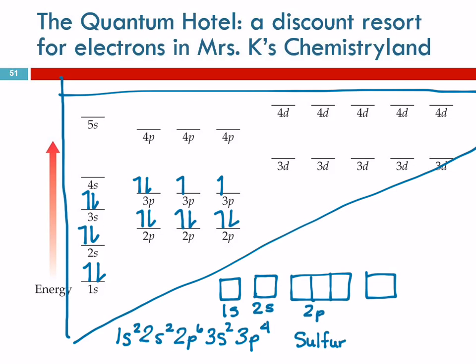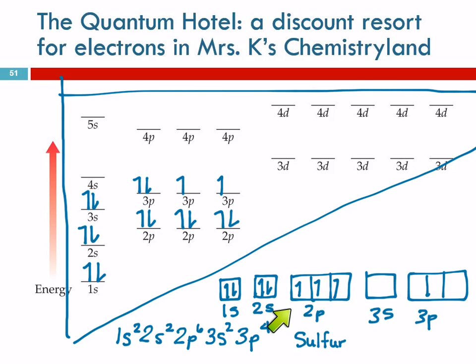Then there's the 3s. There's 1 bed in there. And then the 3p has 3 beds. And so if I was going to place electrons in there, we'd take that room first, and then this room, then this one.